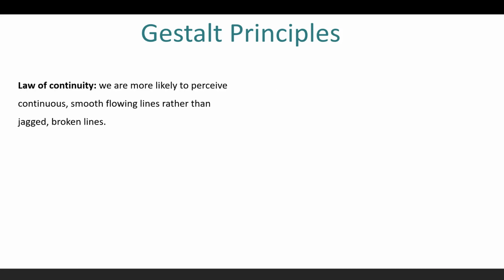And then there's also the law of continuity, in which we're more likely to perceive continuous, smooth flowing lines rather than jagged or broken lines. And so in this example, we see these lines as continuous.